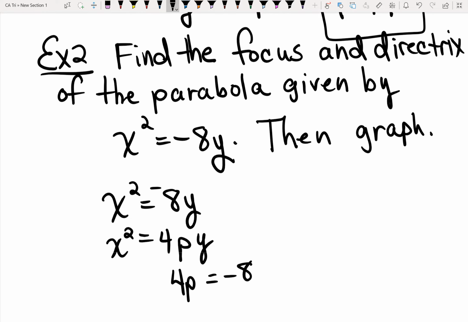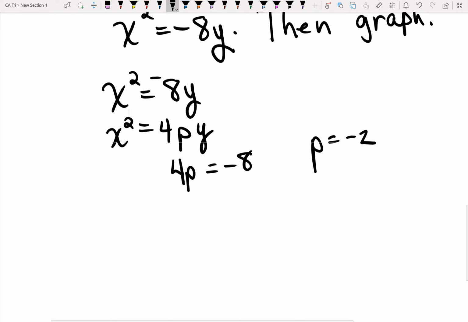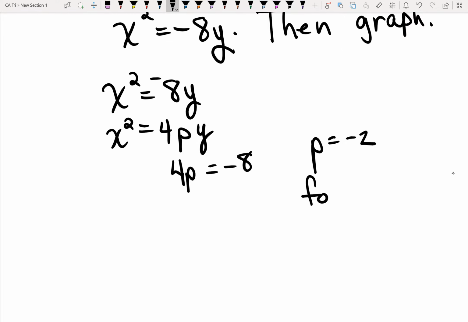For that to be true, then we know that in this case p is equal to negative 2. Alright, so our focus for this example is 0 comma p, or 0 comma negative 2.